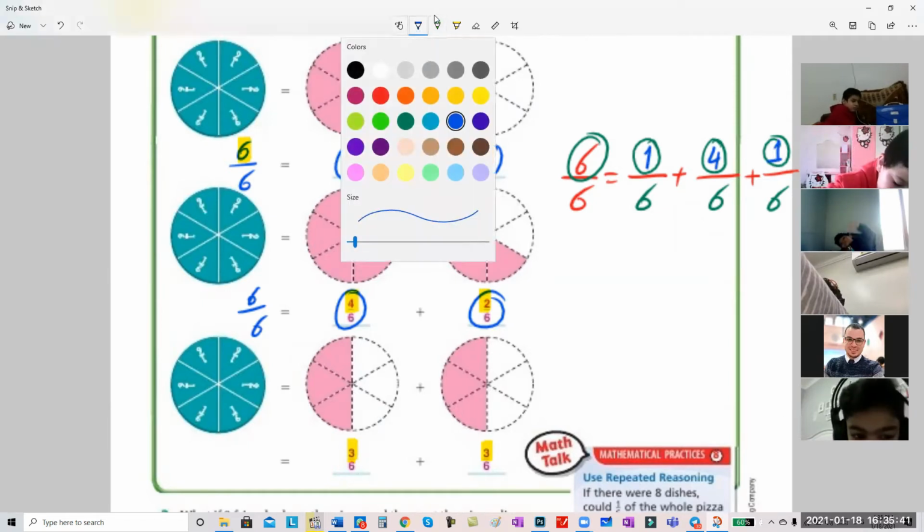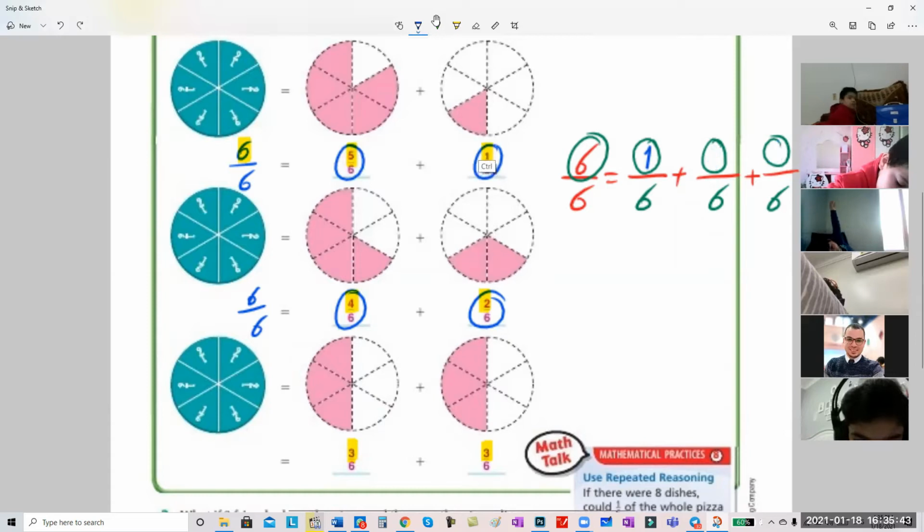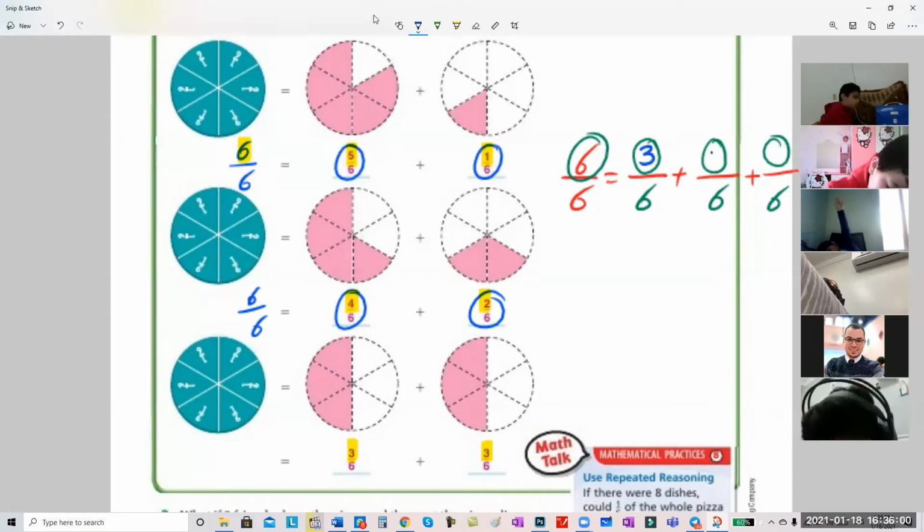Or we can write it as 2 plus 2 plus 2, right? So you can use different numbers to change the way of writing the fraction. We can write it as 3 plus 1 plus 2, right?